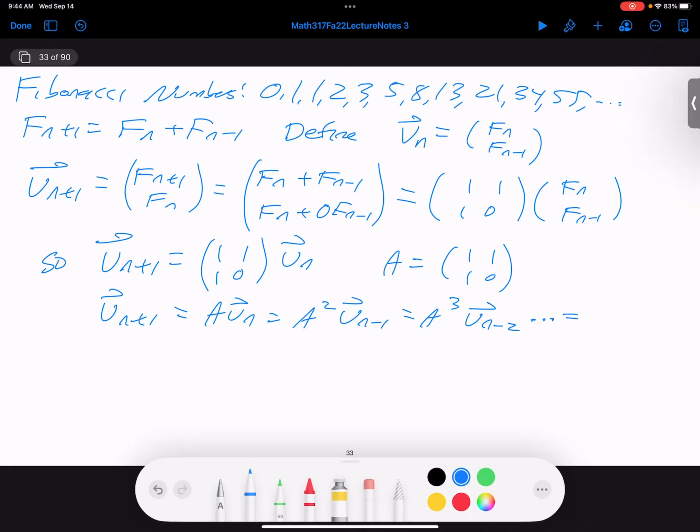Well, we start off with A to the first power times Vn. The power of A and the subscript of V add up to n plus 1. The next one is A squared Vn minus 1. It still adds up to n plus 1. So if I want to go all the way down to V1, what power of A should I have? So what power of A do I need?